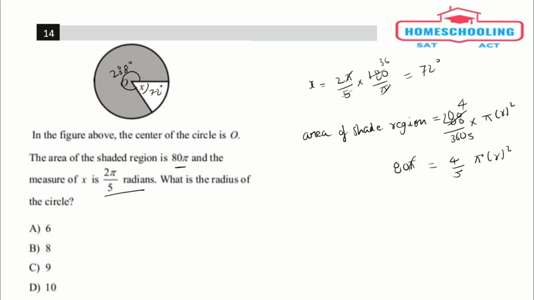Pi gets cancelled, so 80 into 5 by 4 is equal to r square. So r square is equal to 100, hence r is equal to 10. So the radius of the circle is 10.